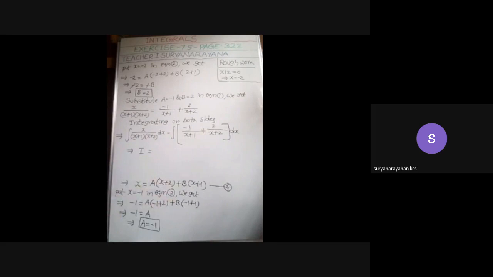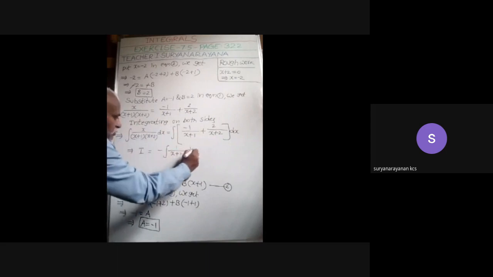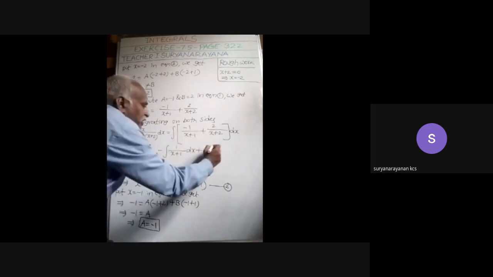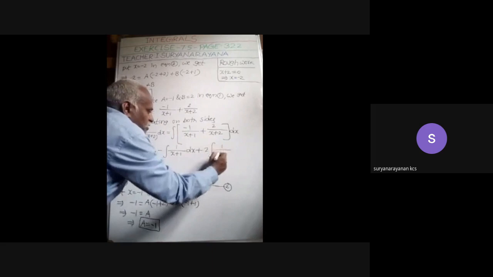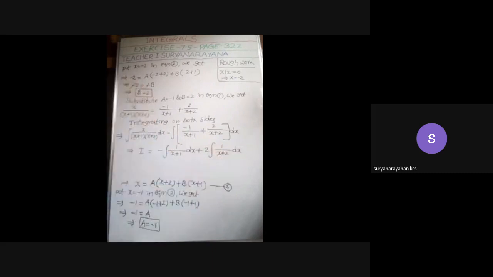Writing directly minus integral of 1 by x plus 1 dx plus 2 into, because 2 is a numerical coefficient, I am writing it before integral sign, 1 by x plus 2 dx. Understood this step, my children? Here I am finding the integral of these two terms separately. So I wrote this step. Understood this step, my children?